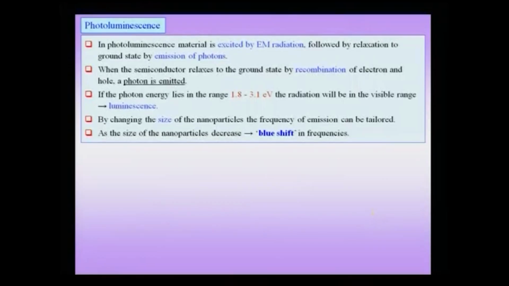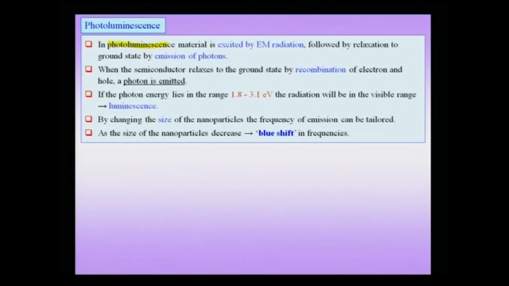The counterpart, the other side of this absorbance, is what is called photoluminescence. In other words, if a material is put into an excited state, then it is going to relax to its ground state, and in the process may emit a photon. In some cases, of course, there can be radiationless transitions, but the excited state may relax to the ground state by the emission of photons, and this is the phenomenon of photoluminescence.